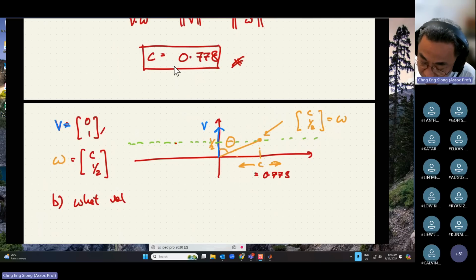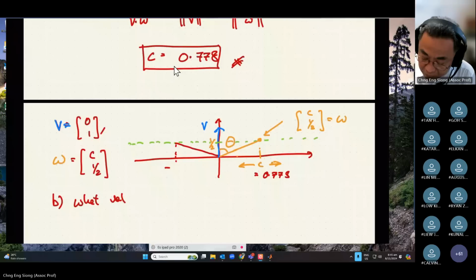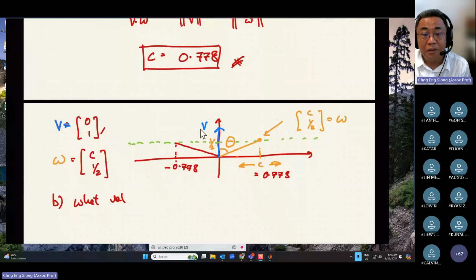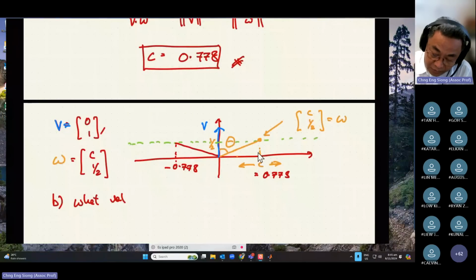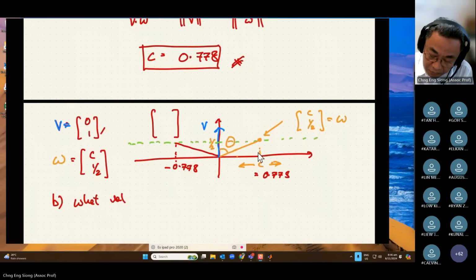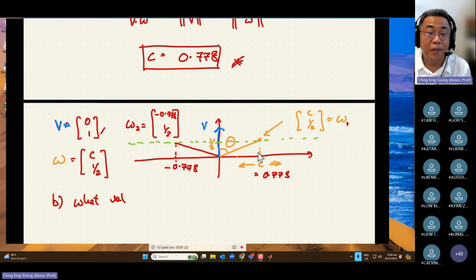What about this guy? Because you can draw it, then you realize that if you use plus C, and W2, let's call it W1, is minus 0.778 and half, it also makes the same angle, right? So it's not only one answer. In fact, C can be plus and minus. So you should draw this, and if there are two answers, you have to put two answers. You cannot say only 0.778, then you'll be wrong.